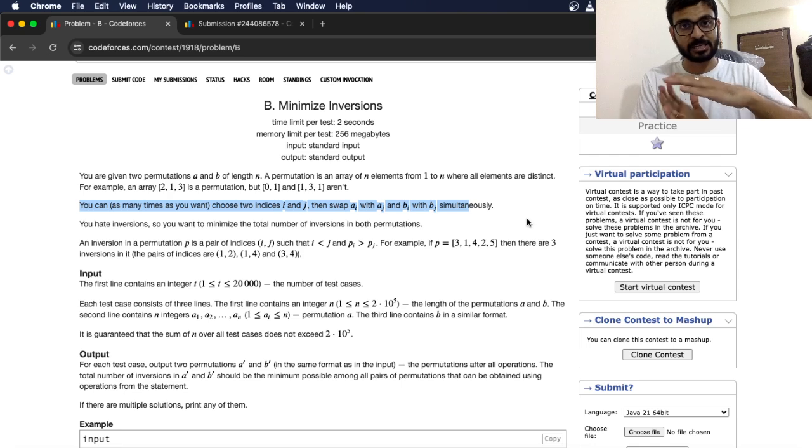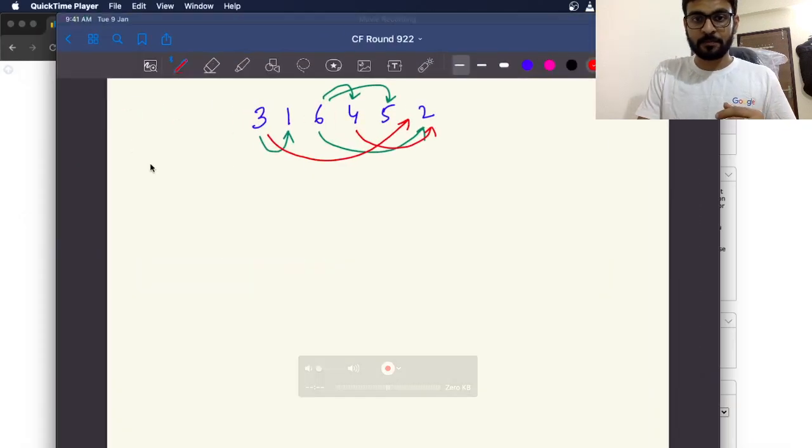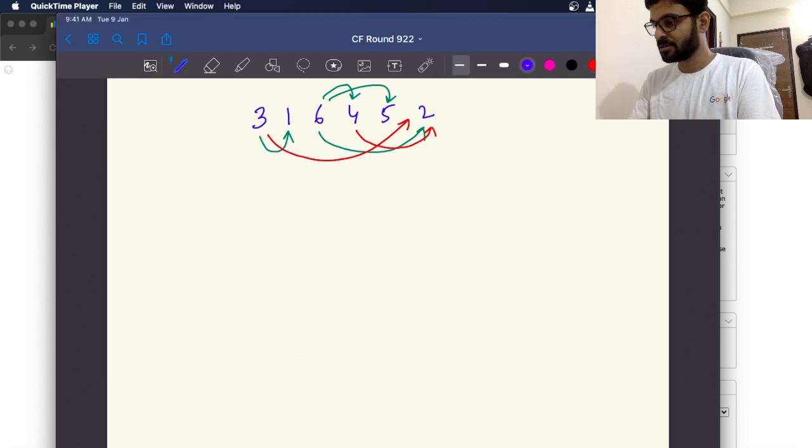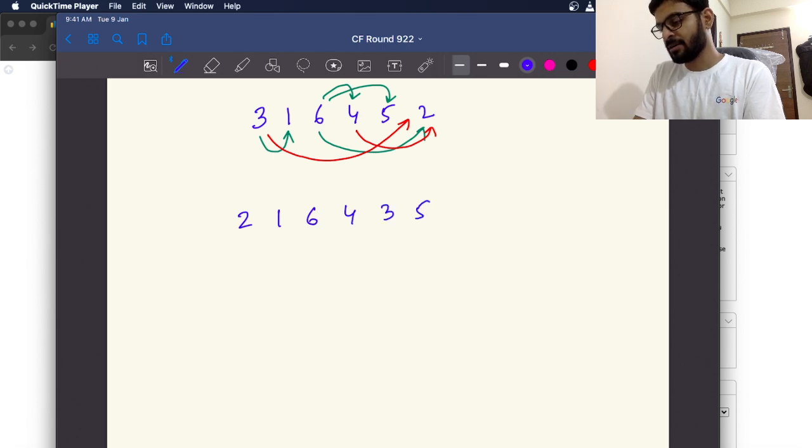So two permutations are given. Let's say this is one permutation, 2 1 6 4 3 5, and we have another permutation, 4 2 3 1 6 5.